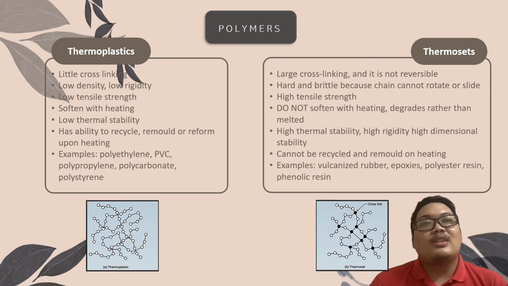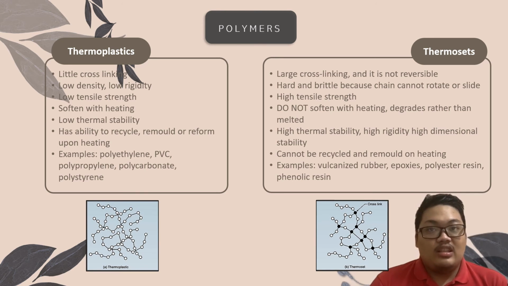Thermoplastic and thermoset differ in that thermoplastic has properties of low density and low rigidity, softens when heating, and has low thermal stability, while thermoset has high tensile strength, does not soften with heat, and degrades rather than melts.